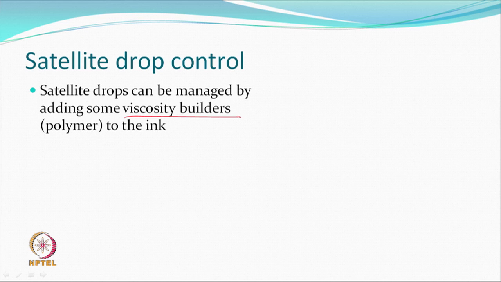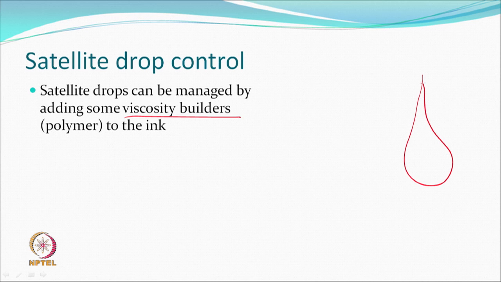Now, this helps to a great extent, because then this so called ligament, when it breaks, would have a tendency to shrink towards the drop and not break into satellite drops. So, a bit of a change in viscosity can change this behavior, and you may not have satellite drops being created.